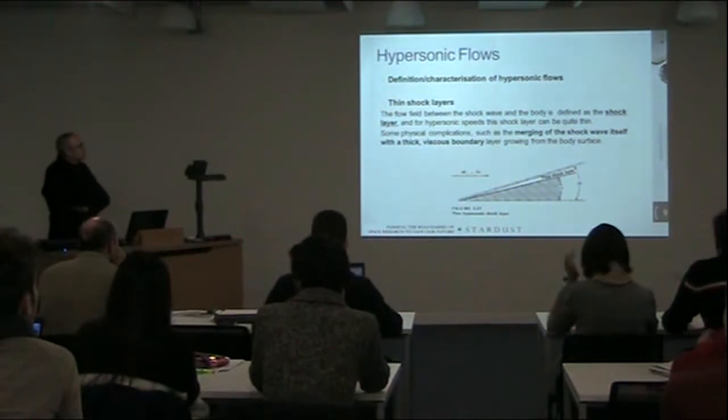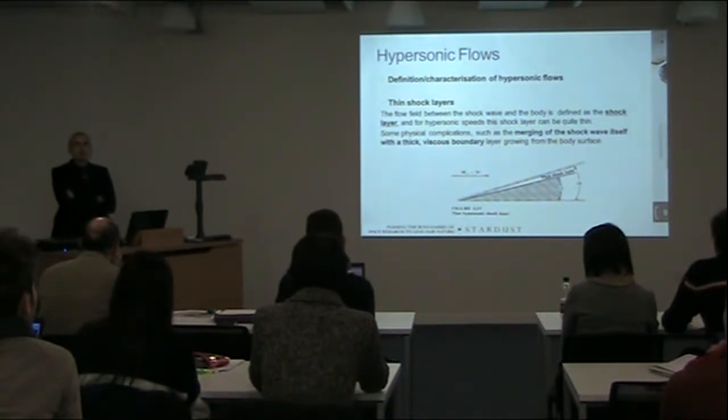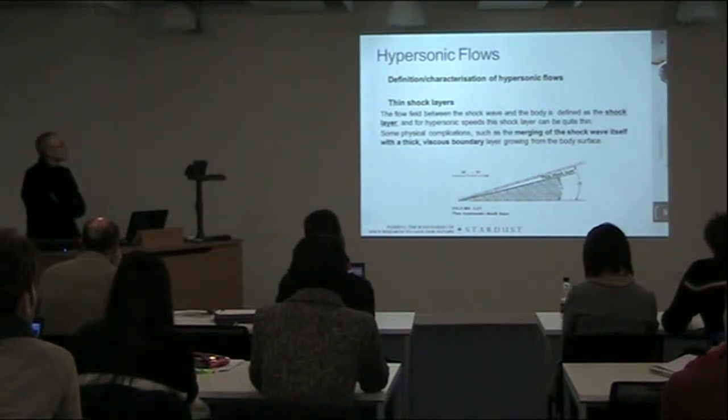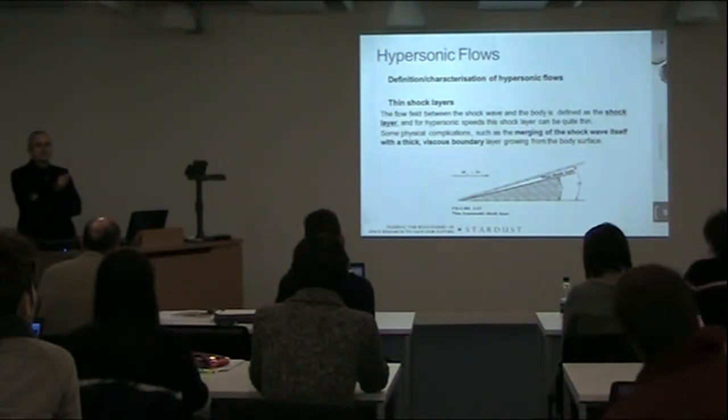This shock wave is closer to the body if the velocity is very high. That means that the shock layer, which is the layer between the shock and the body, is very thin at hypersonic speed.